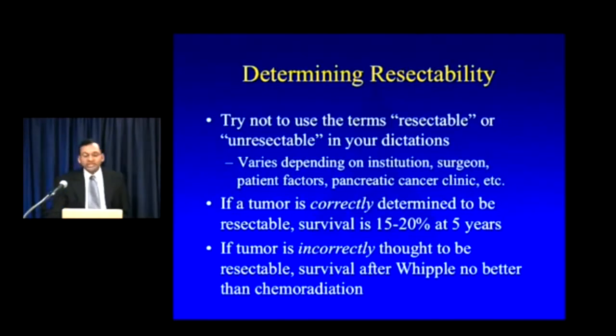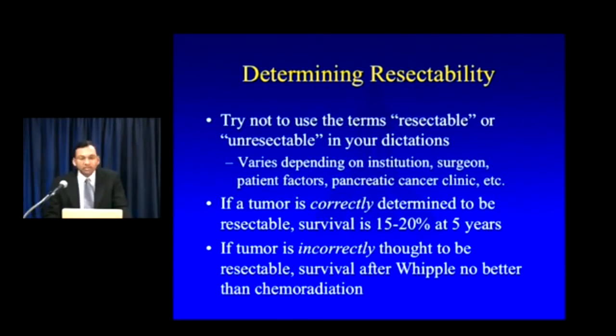Now, one of the things I see all the time when I'm working with residents is that they tend to try to talk about resectability in their dictation. And they say this is a resectable tumor, this is an unresectable tumor. And I would strongly advise you against using those terms in your dictation.